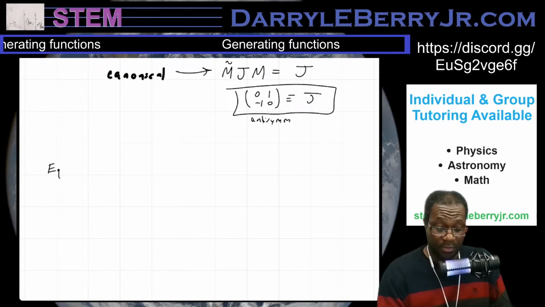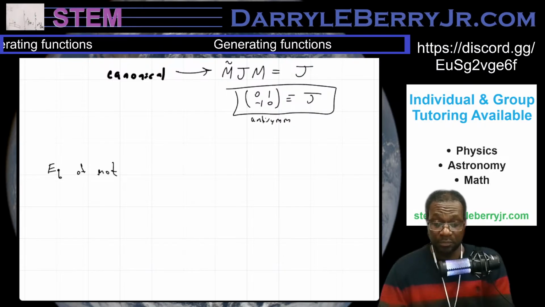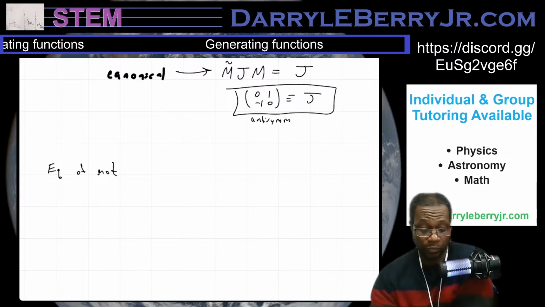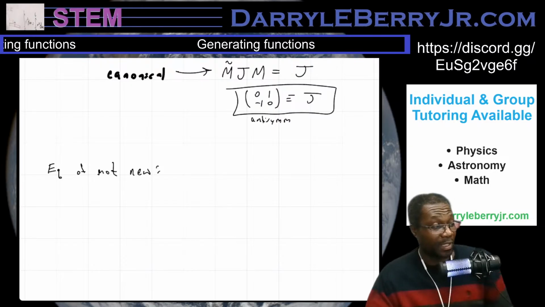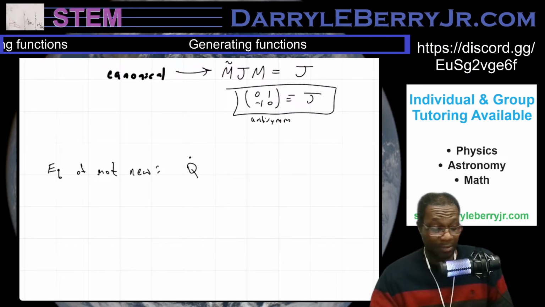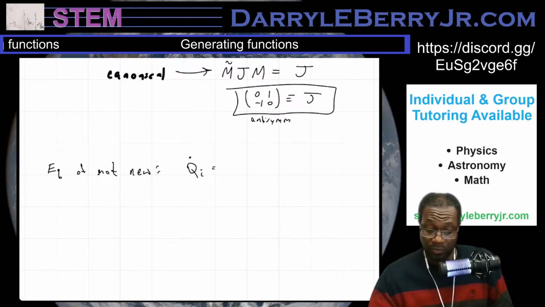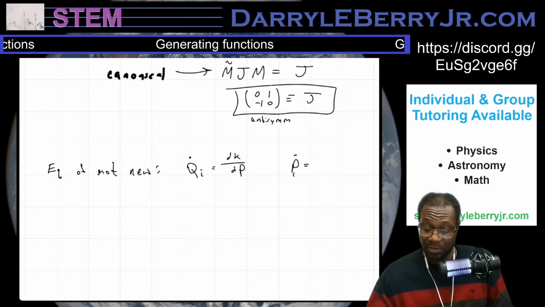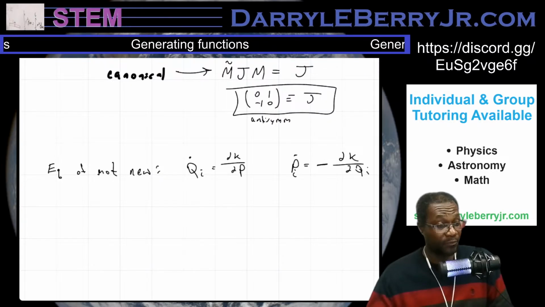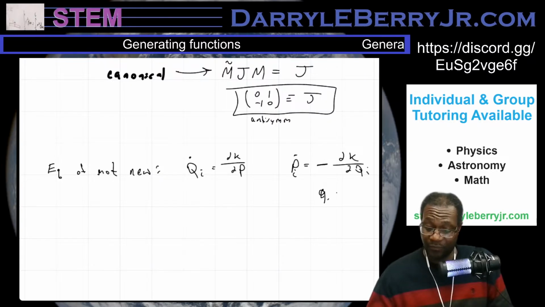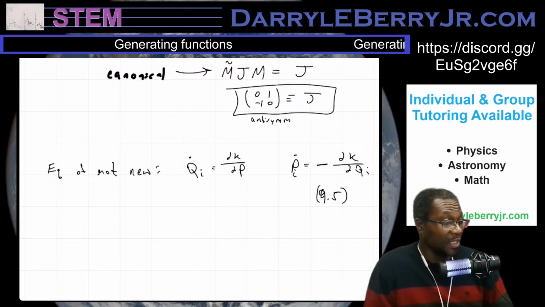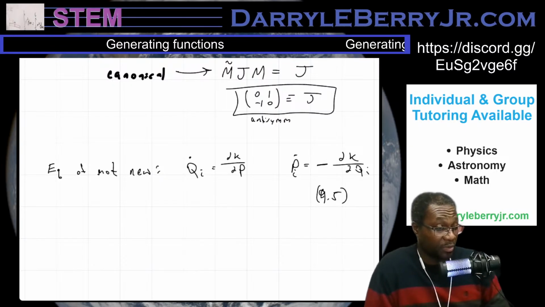So the equations of motion in the new coordinates: we have Q dot, our new coordinates, equals partial K over partial P, and P dot equals negative partial K over partial Q. And this is 9.5. The function K plays the role of the Hamiltonian in the new coordinate set.